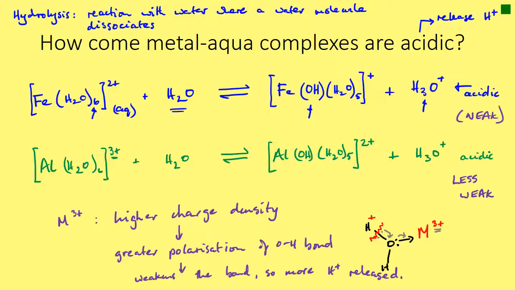So just to summarize that slide, what we've done is we've described the hydrolysis reaction that leads to acidic solutions when these metal ions dissolve in water, and we've stated that the 3+ ions are more acidic than the 2+ ion complexes, and then we've explained why, and that's because the metal 3+ ions, the Fe3+ and the Al3+, have higher charge density, and that draws the electrons in the oxygen-hydrogen bond towards the oxygen and towards the metal.